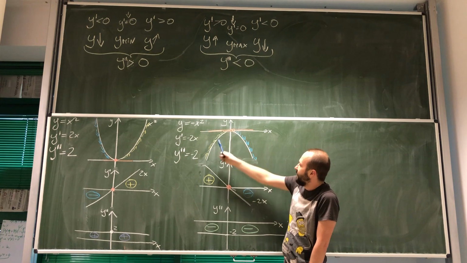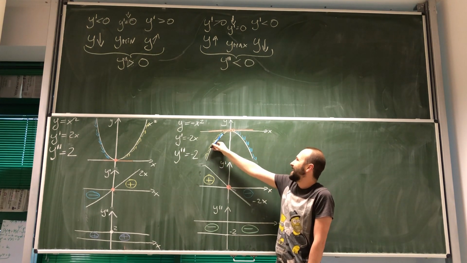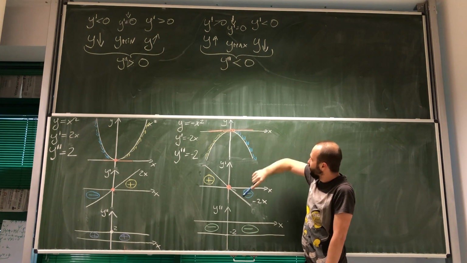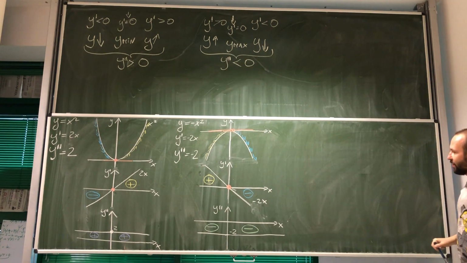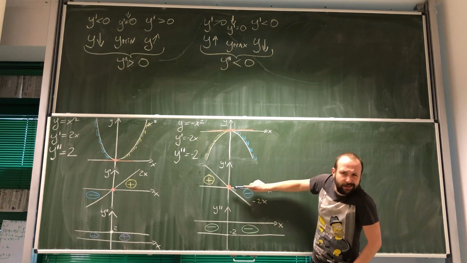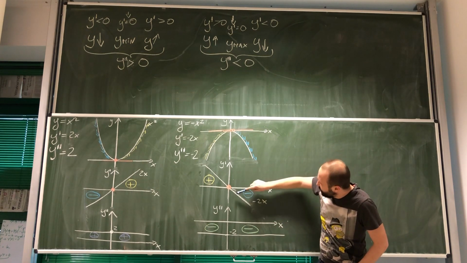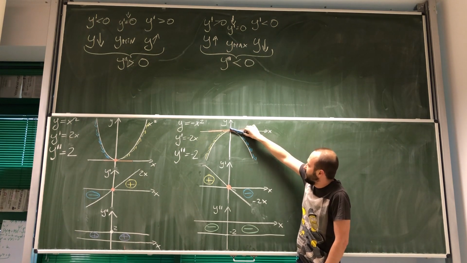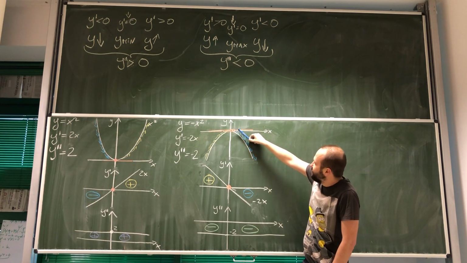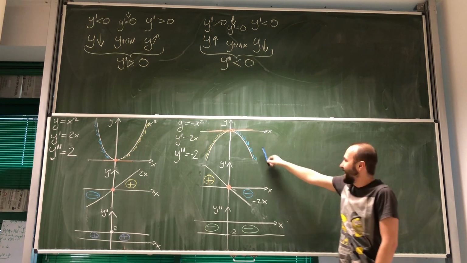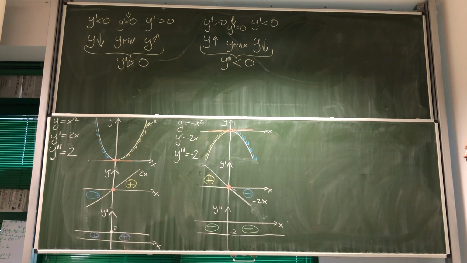So it's getting less and less steep. Then, when we move beyond 0, the derivative here at the beginning is negative, but just a little, and then it becomes more and more negative. And as this happens, the function is becoming more and more steep, but of course with negative slope.